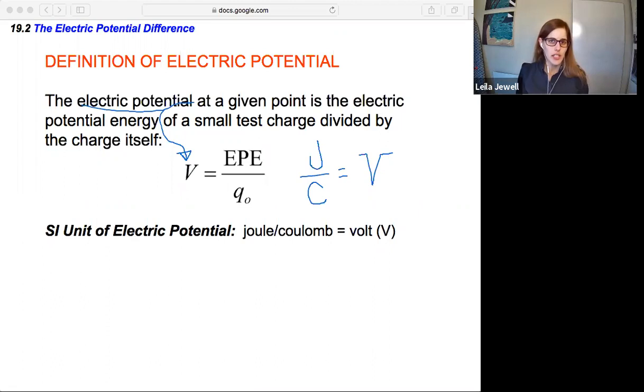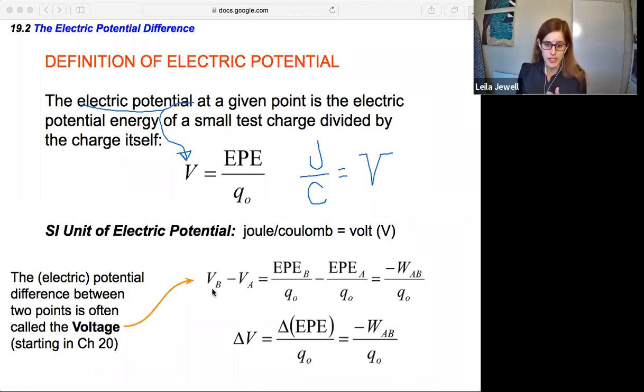Now, what if we're looking at the electric potential difference between two points? We could imagine doing that, right? VB minus VA, the potential at B minus the potential at A, would be equal to the electric potential energy at B divided by Q naught minus the electric potential energy at A divided by Q naught, or going back to that original equation, negative the work done in moving from A to B divided by Q naught.